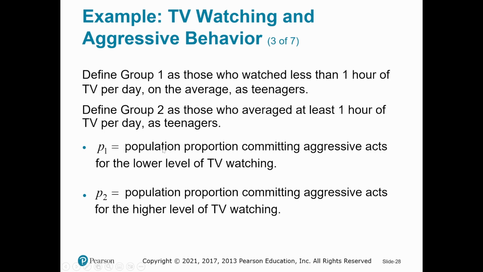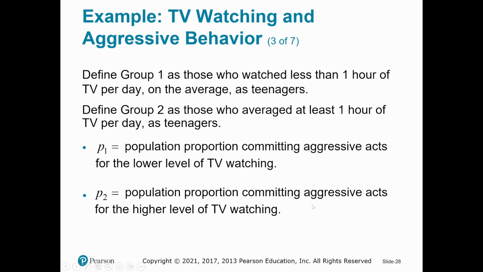Population and true can be used interchangeably. The true proportion or the population proportion, it means the same thing. Committing aggressive acts for the lower level of TV watching. And of course, in the study, you'll have to define what an aggressive act is. And in medicine, this is called the case definition.